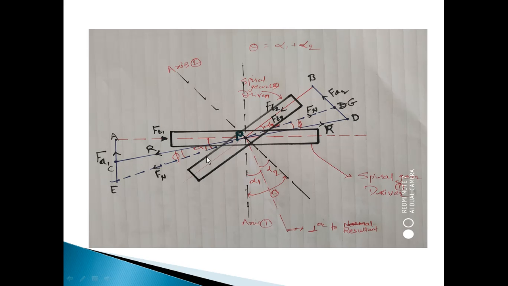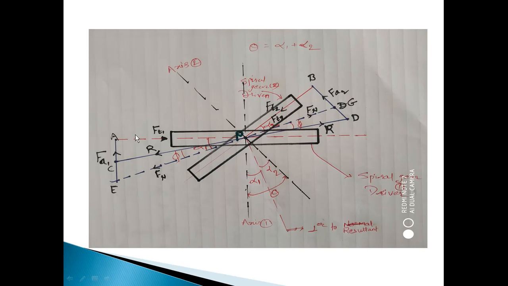From the figure you can see that perpendicular to the tangential force is the axis of the shaft, and the angle between the tangential force and the normal is alpha 1. Perpendicular to the tangential force is the axis of the shaft, and perpendicular to the normal is this line which I have just drawn. So the angle between the axis of the shaft and the line drawn perpendicular to the resultant is similar to alpha 1.